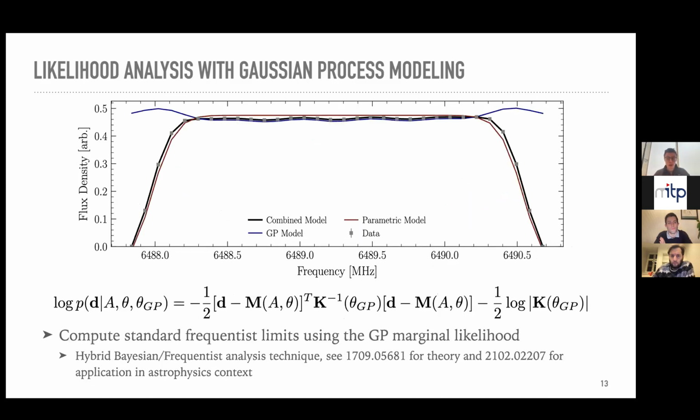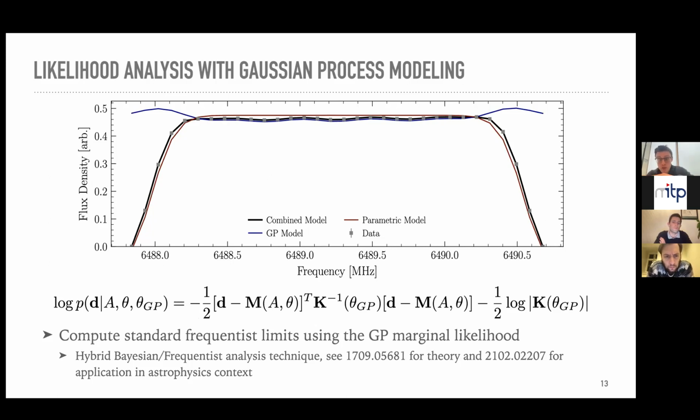Okay, so what does this actually look like? You can push this through a likelihood analysis framework, but I think the plot above is more informative. What I've done here is I've taken my parametric model and combined it with my Gaussian process model. Our data points with their super tiny error bars are in gray, and the parametric model that I fit is in red.